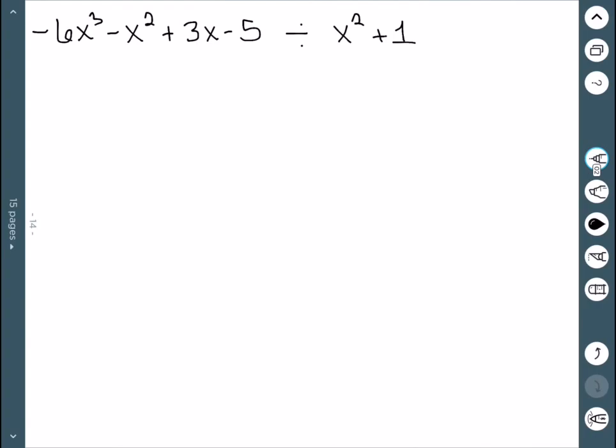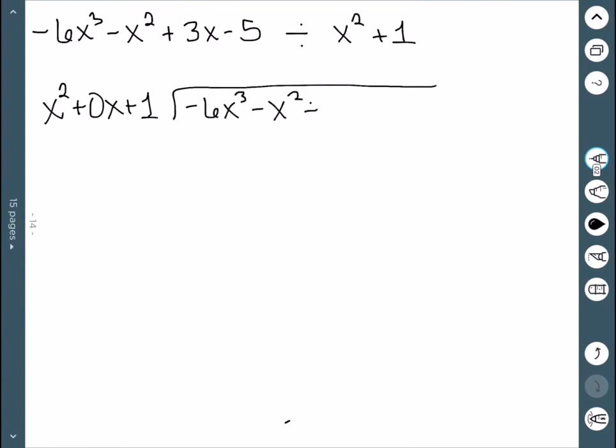it is important to note whenever we're doing these that we cannot skip terms. So on the outside we'll have x squared plus 0x plus 1. And on the inside, negative 6x cubed minus x squared plus 3x minus 5. So we want to know x squared times what is negative 6x cubed.